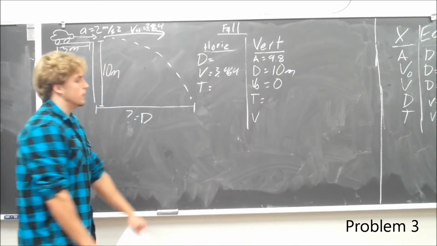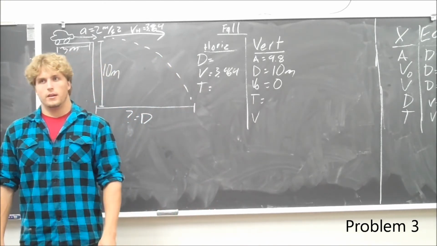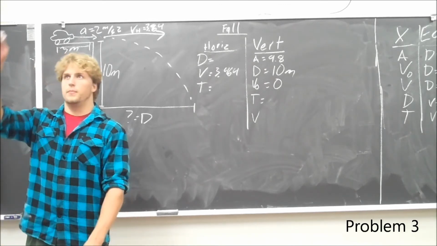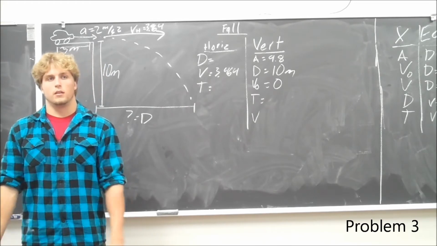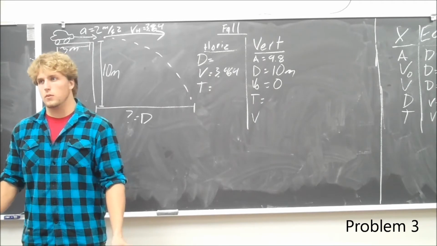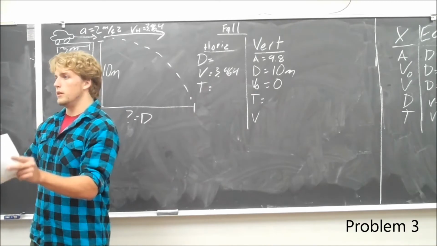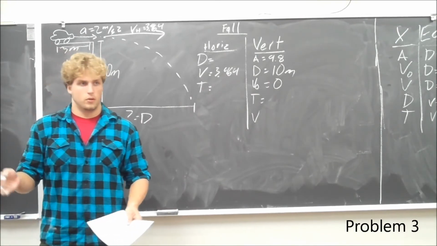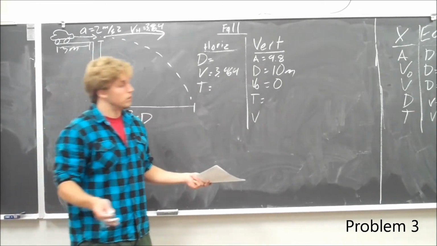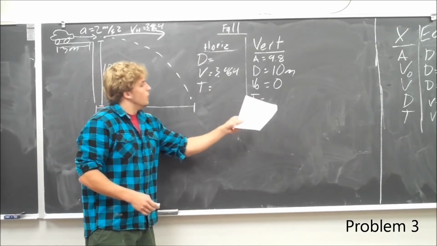If it's going down, if it's falling, gravity is helping it move. That means it's speeding it up, so it's positive. If it's going up, gravity's working against it, so it's negative. Think of it visually, in terms of what is actually happening in real life. That's how I always do it, and that way, if you draw it out, you never get it wrong.